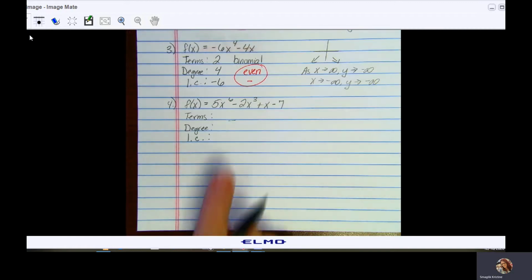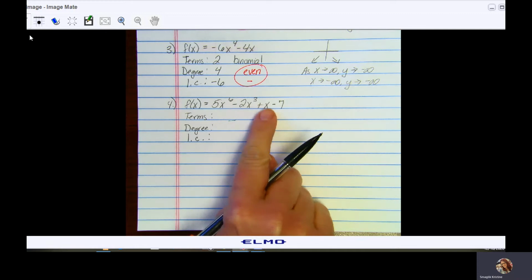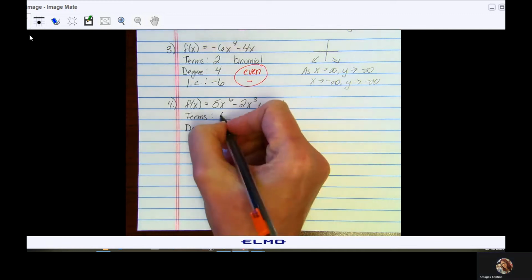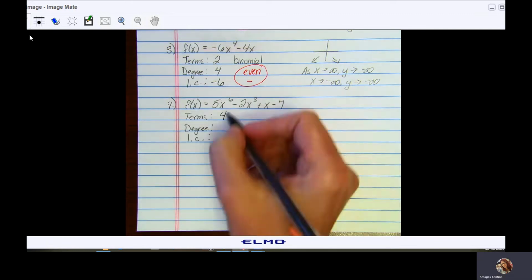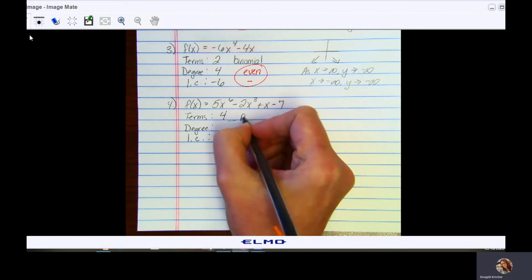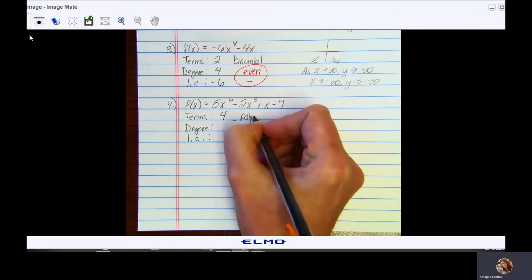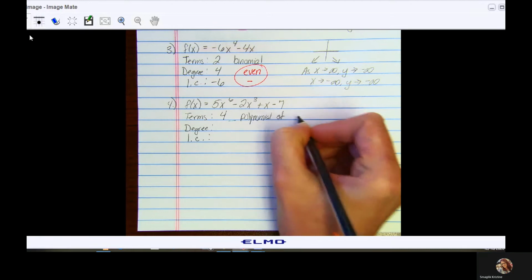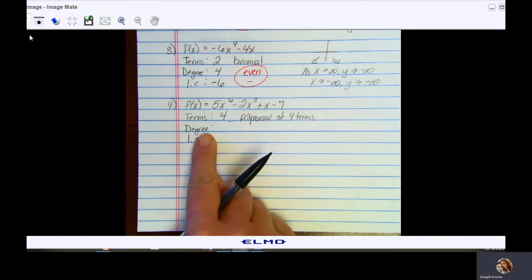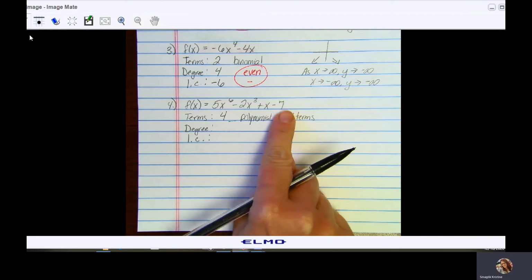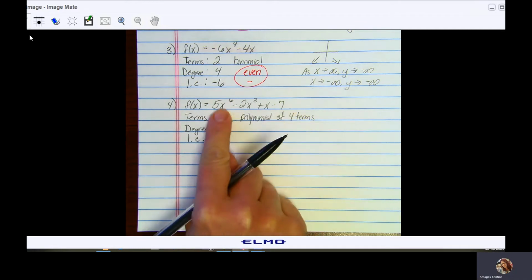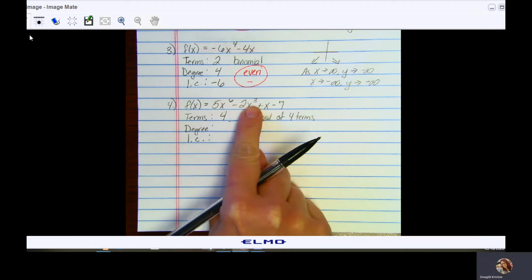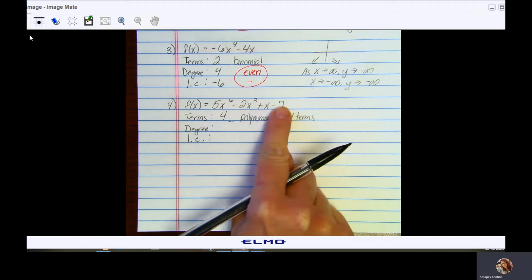And let's do another. Terms, let's see, we have 1, 2, 3, 4. So 4 terms, we would just say this is a polynomial of 4 terms. There's no special name. My degree, I am in descending degree order. 6, 3, 1, 0.